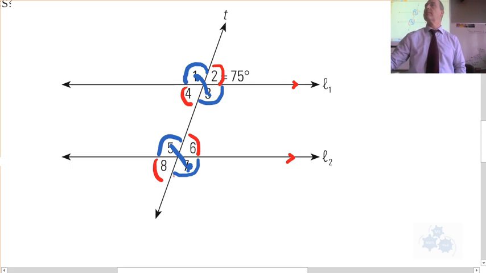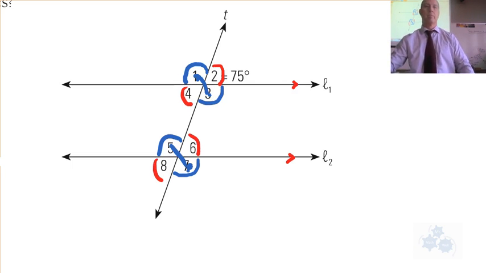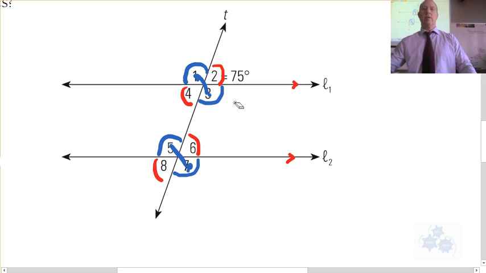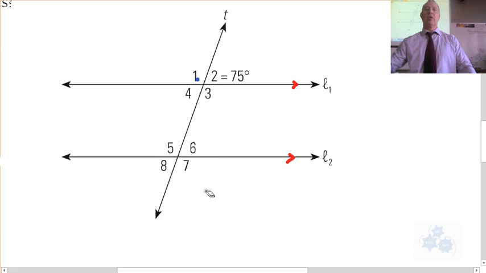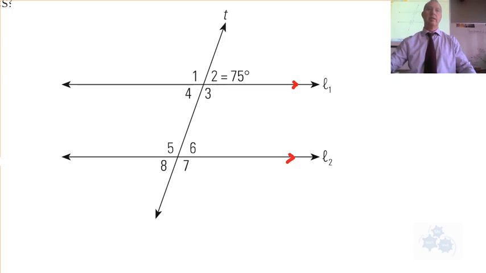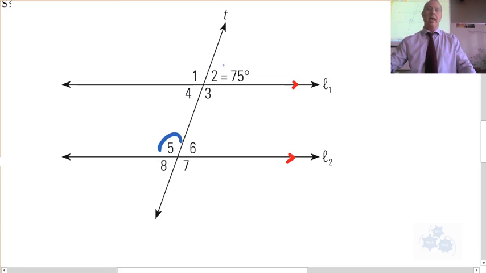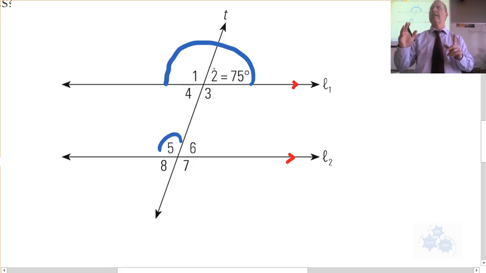Does that make sense? So who can be the first one to tell me what is the size of angle 5? What's the size of angle 5? 105. I got it over here first. Nice one. Now angle 5 we said was equal to angle 1, and angle 2 and angle 1, what's the special name between angle 1 and 2 again?